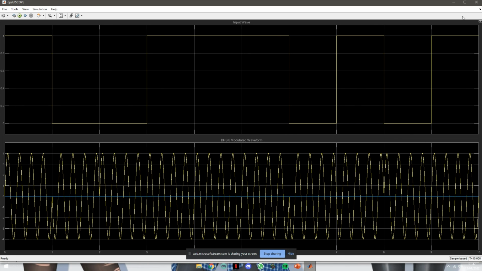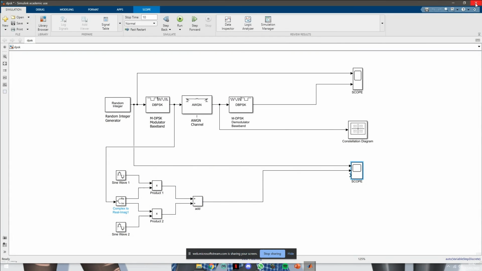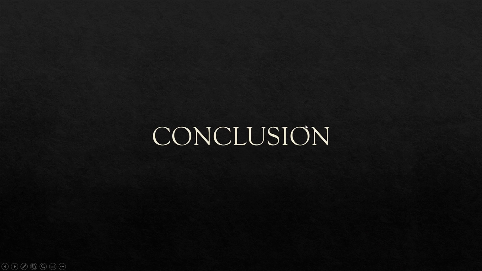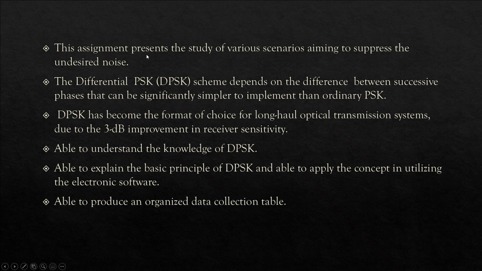Then we move to the conclusion. This assignment presents the study of various scenarios aiming to suppress the undesired noise. The DPSK scheme depends on the difference between successive phases, which can be significantly simpler to implement than ordinary PSK.